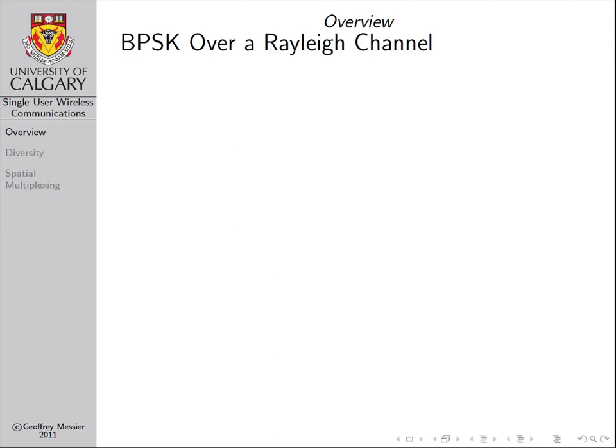Now, as I mentioned in the previous slide, this is historically how wireless system design evolved. But the notion that the multipath channel is always bad is now slightly out of date because, as we'll see when we get into spatial multiplexing, the properties of the multipath channel can in some cases be good.